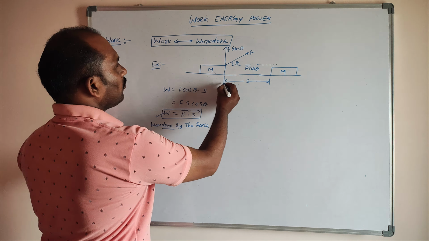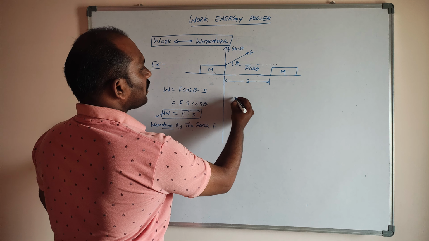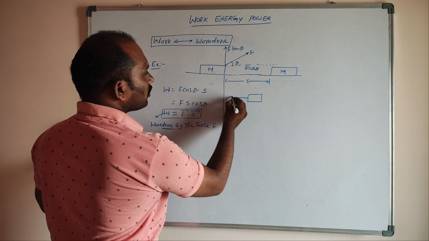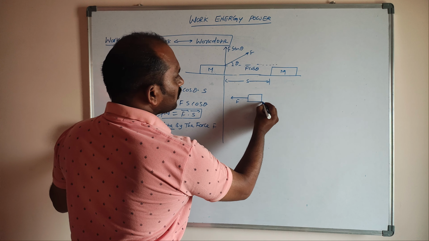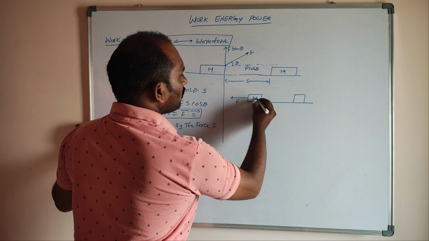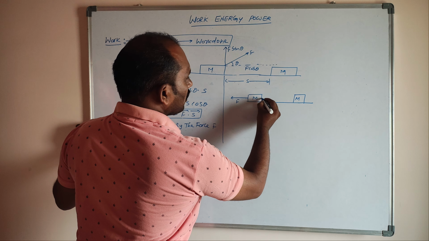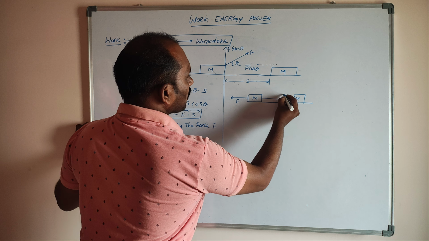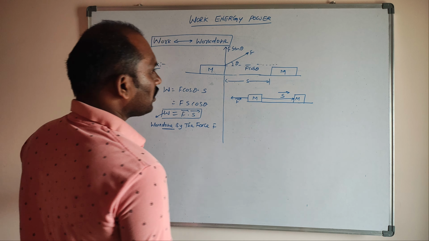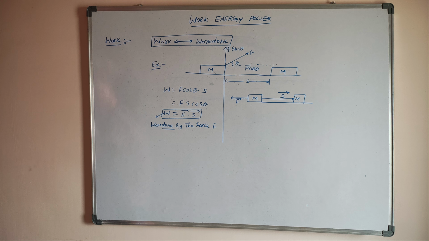Let us take an example. The block is here. I am applying the force in this direction, but the displacement is happening in this direction. So S bar is in this direction, and F bar is against S bar.